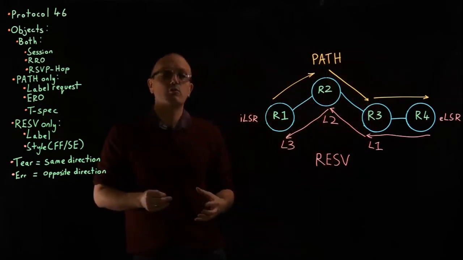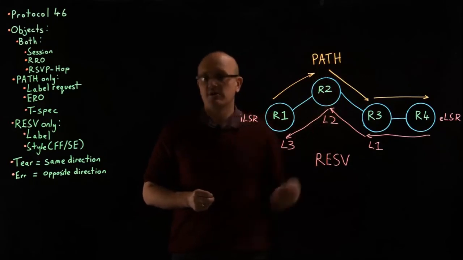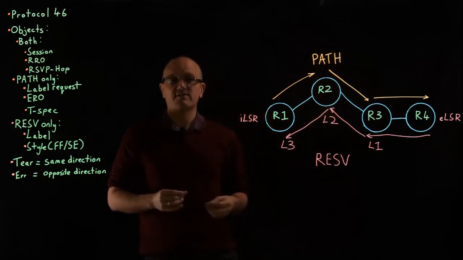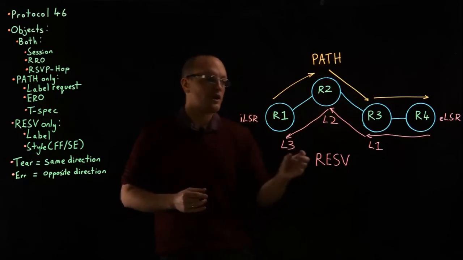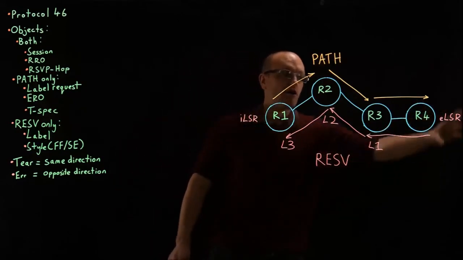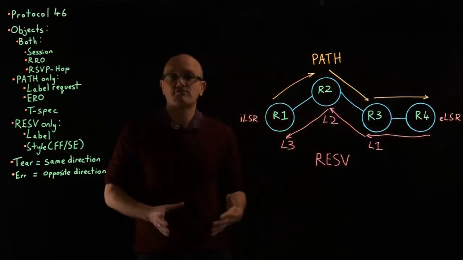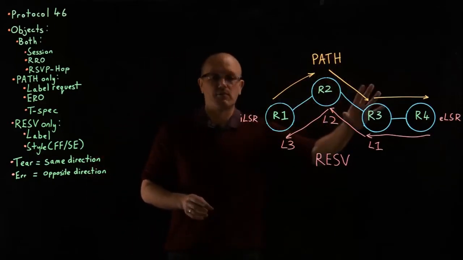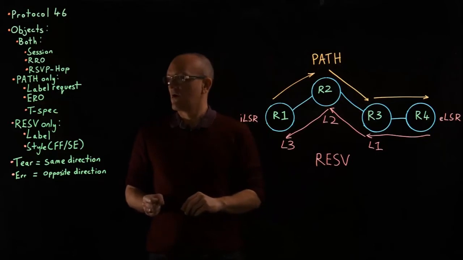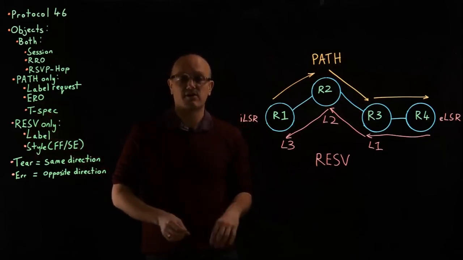If we control where the path message flows through, we control where the soft state is set up, and we also then control where the reserve message flows through on return, thereby creating an LSP on a specific path through the network. And then finally we have the tspec object.